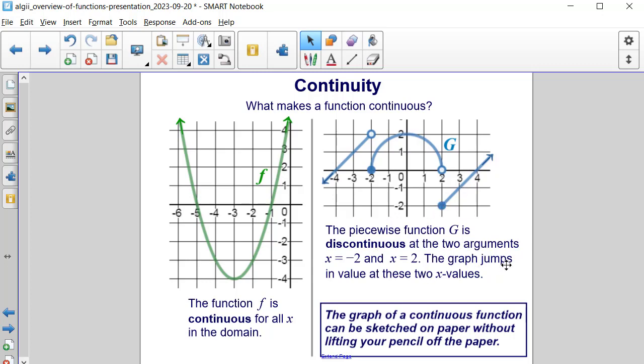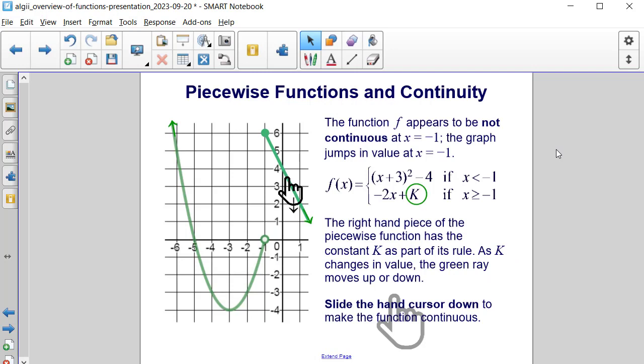The graph jumps. The function f appears to be not continuous at x equals -1. The graph that's shown here to the right has a jump at this x value of -1. So f of x is equal to this 2-section piecewise function. We have the quantity x plus 3 raised to the 2nd power, and then we're subtracting 4 from it, and that occurs if x is less than -1.